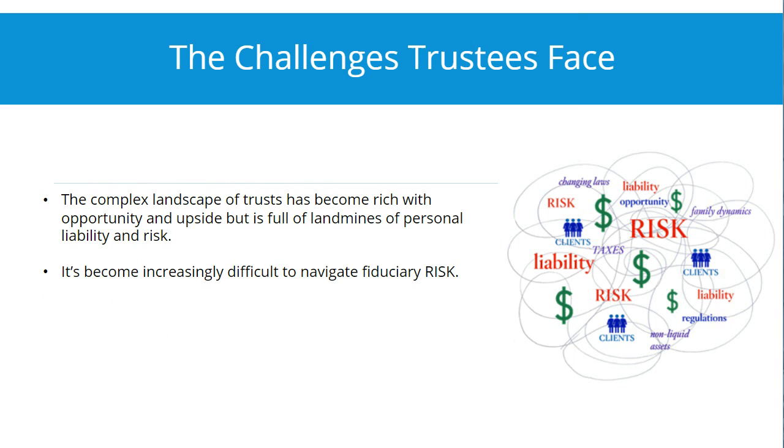Considering the historic amount of wealth being transferred over the next 25 years, some say upwards of $68 trillion, combined with the current financial crisis and market volatility, trustees are being placed in a difficult position.